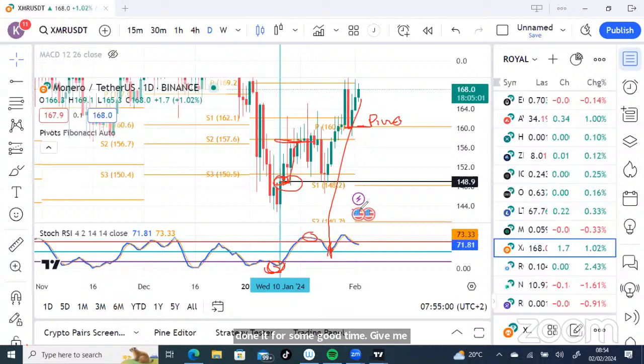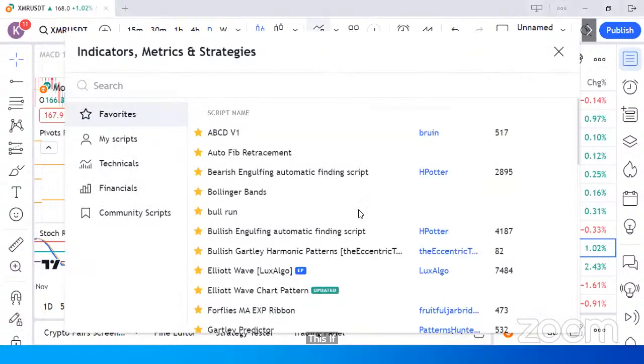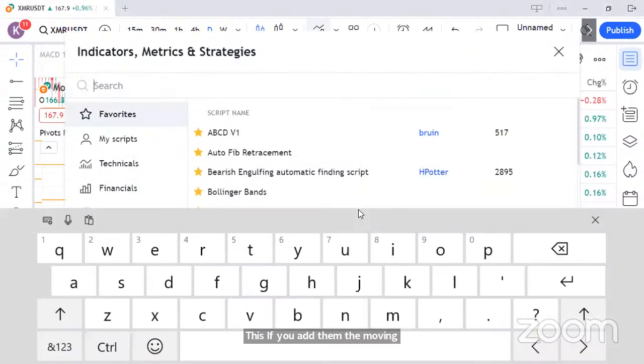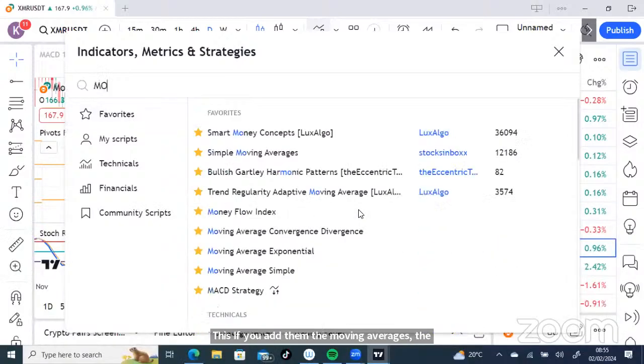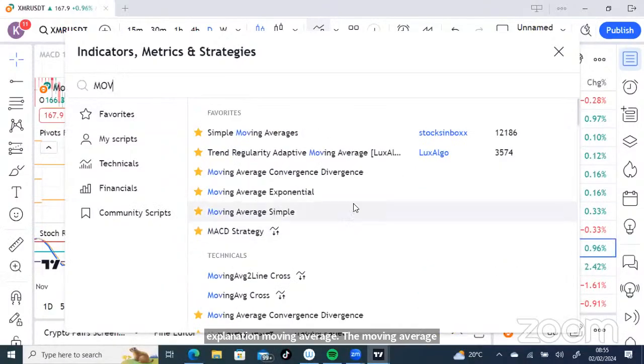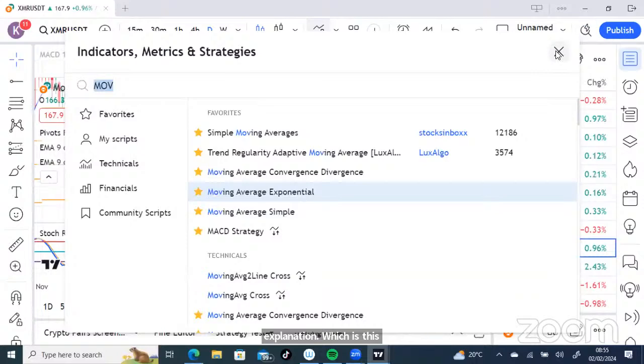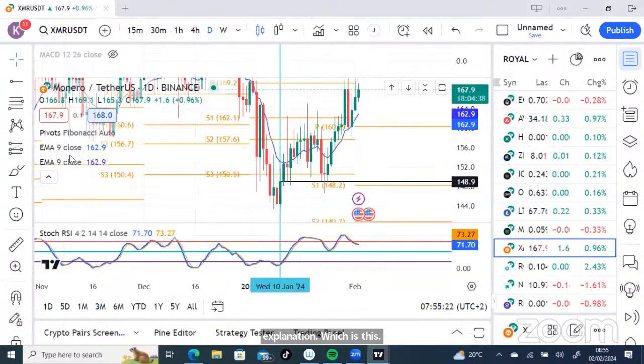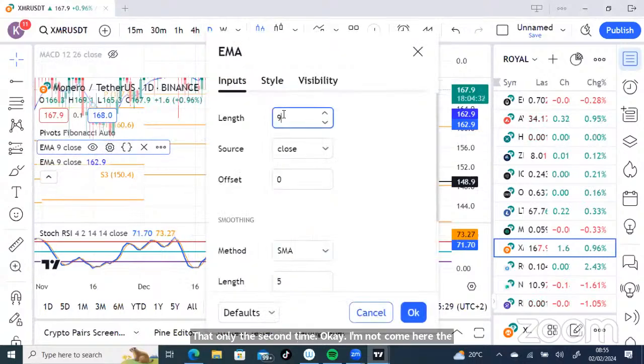Now we have also looked at the moving averages and the stochastic RSI. If you add in the exponential moving average, which is this, I'll tap on it once, tap on it a second time, and come here to the settings, and turn this 9 to a 200 moving average.